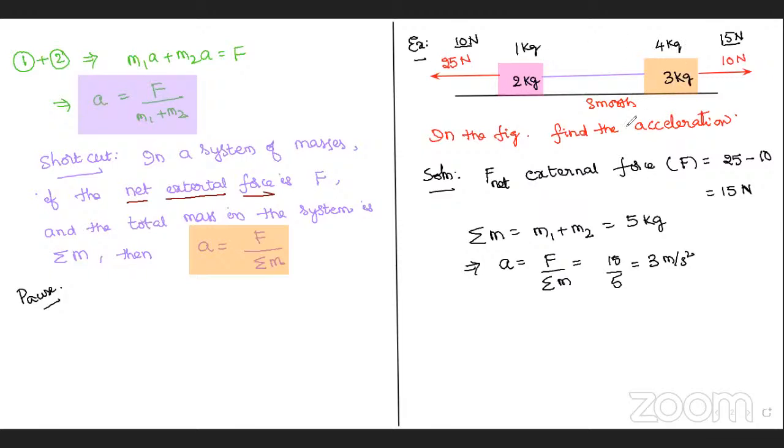What is the total mass in the system? Quickly. 1 kg, 5 kg. Very good. What is the acceleration? F by sigma m. Then what is the doubt there? You only told all the 3 answers now. Right. Good. That's it.